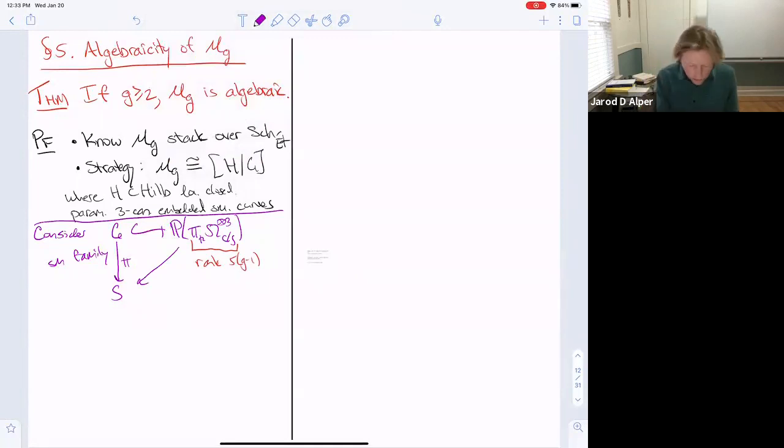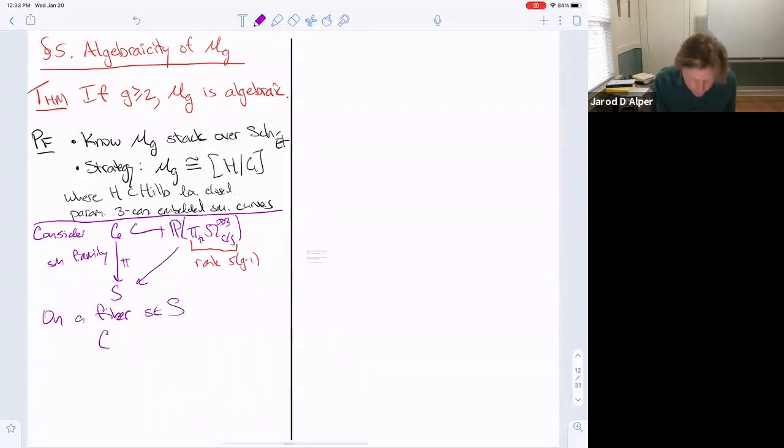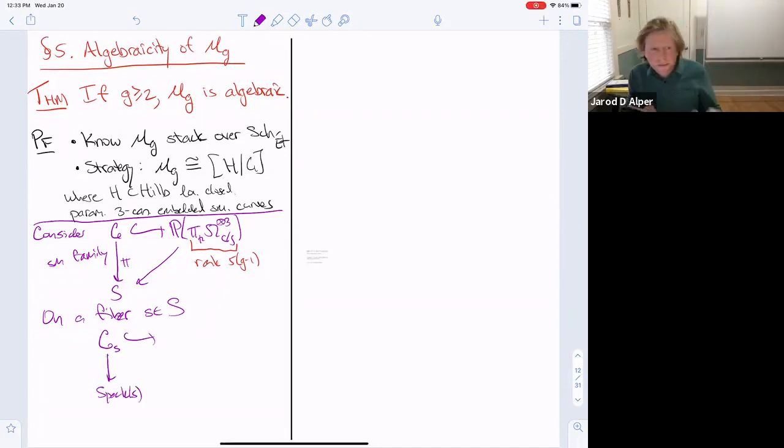And note that on fibers, what does this diagram look like if we restrict to a fiber over a point in the base? Well, then this is Spec k over S. But then this vector bundle is trivial, so it actually embeds into just projective space of dimension 5g minus 6.